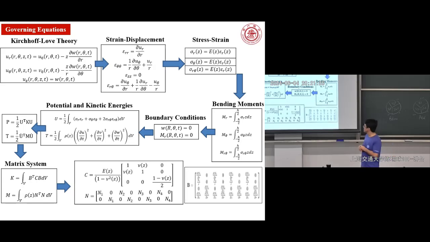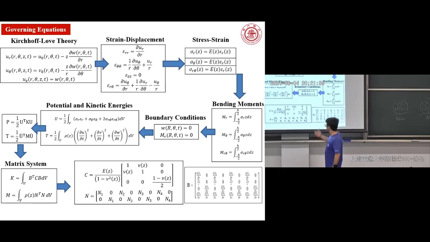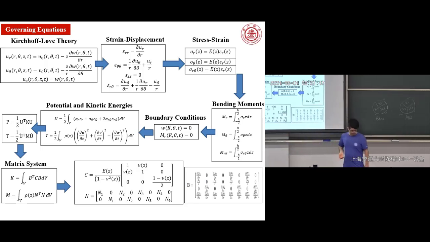So there are some matrices to calculate K and M. In finite element, we have to estimate displacement in every direction by N. So N is the shape functions of each node actually.